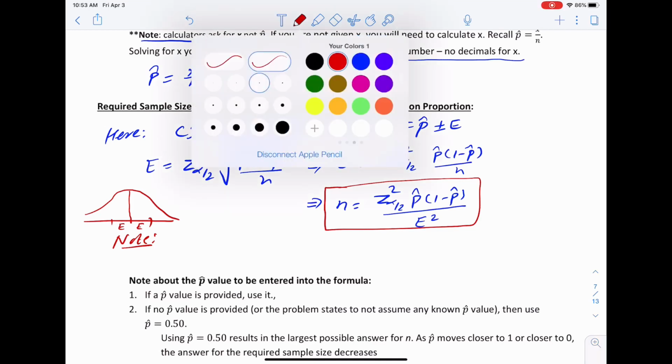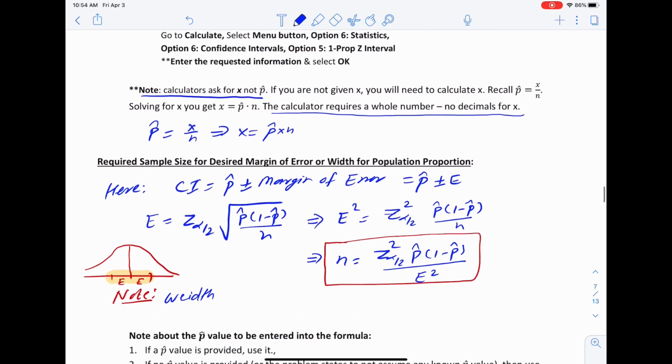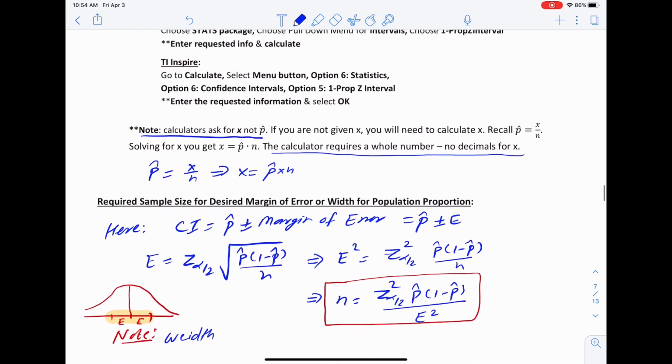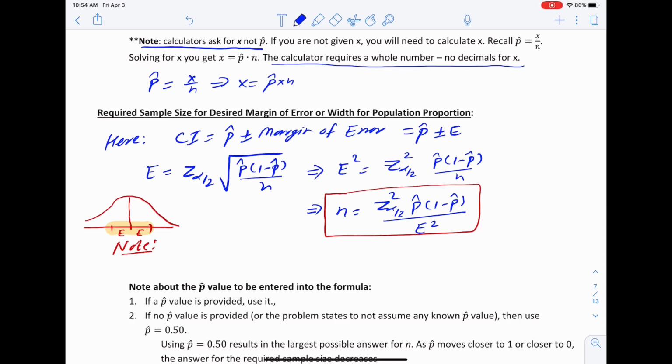So if you calculate the width, the width is 2 times E, so E equals W over 2, and using that, n is 4 times z alpha over 2 squared times p hat times 1 minus p hat over W squared.